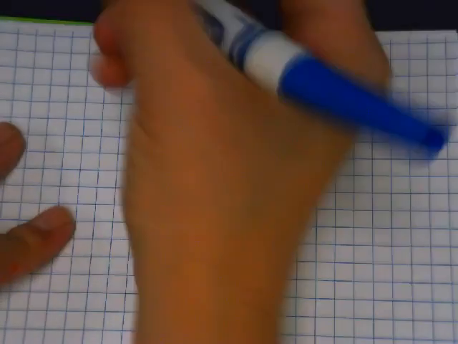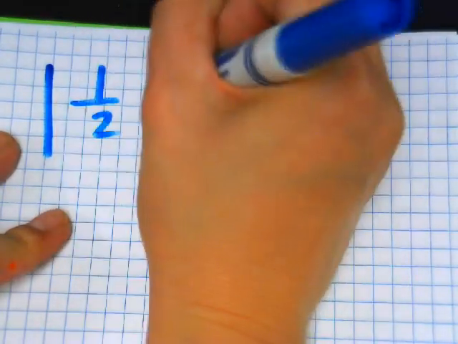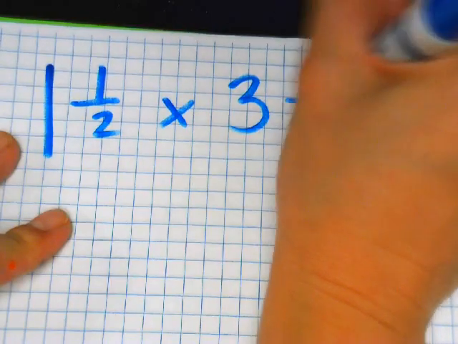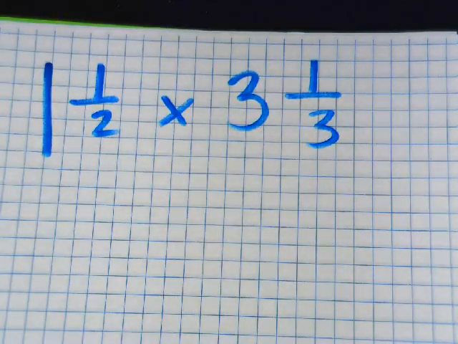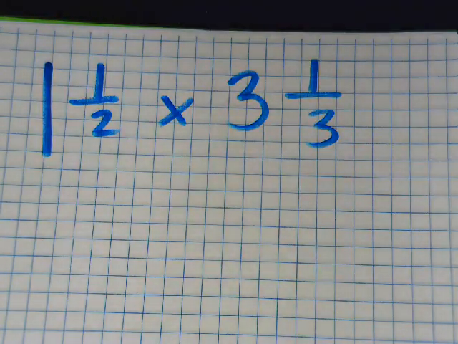Okay. 1 1/2 times 3 1/3. Turn it into improper. Improper, improper, improper.